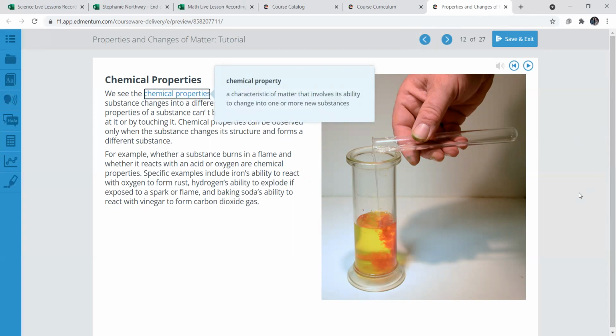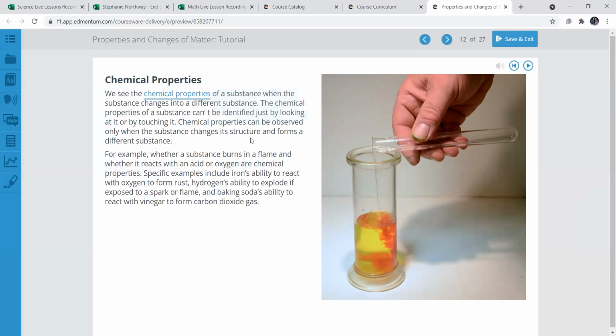A chemical property is a characteristic of matter that involves its ability to change into one or more new substances. For an example, and this is probably my favorite example, there was also a mini lesson on this: toasting bread.